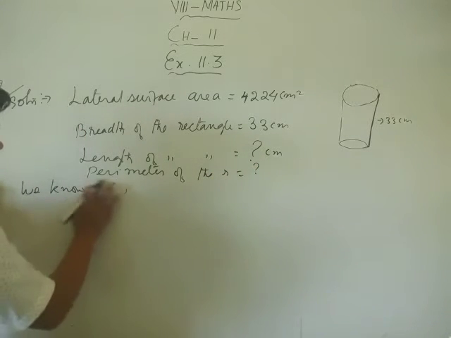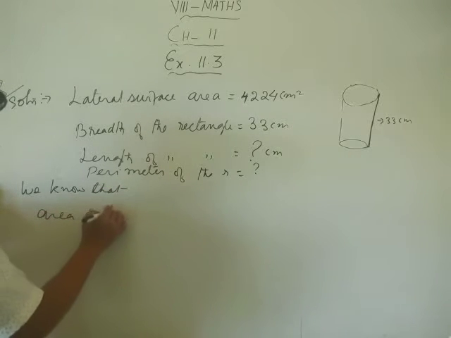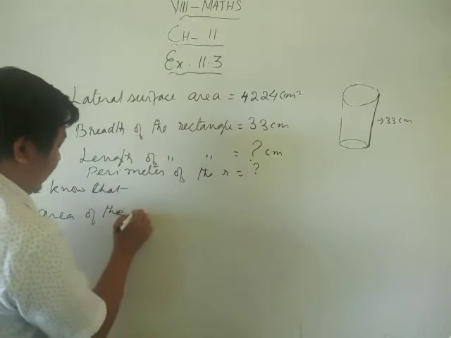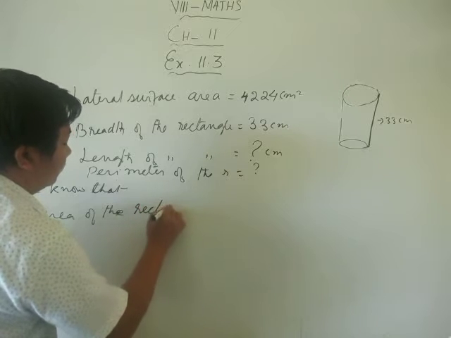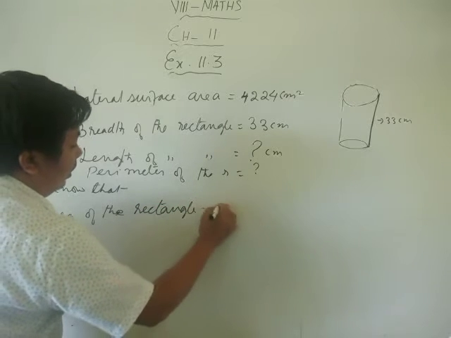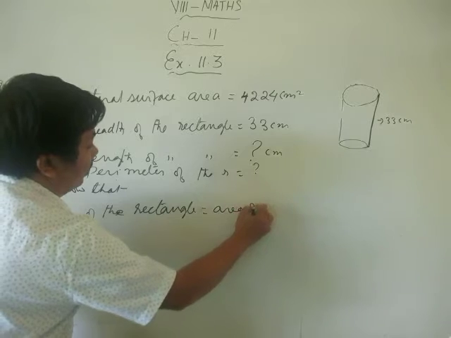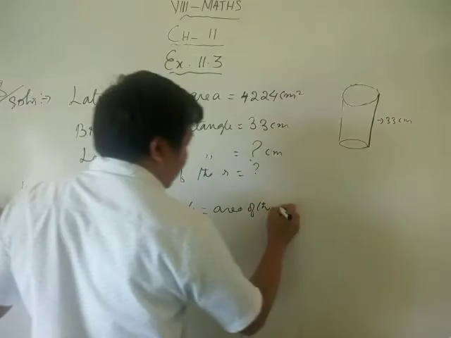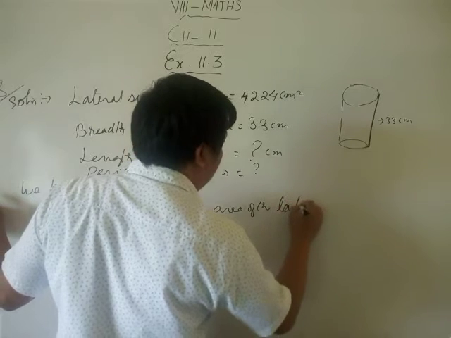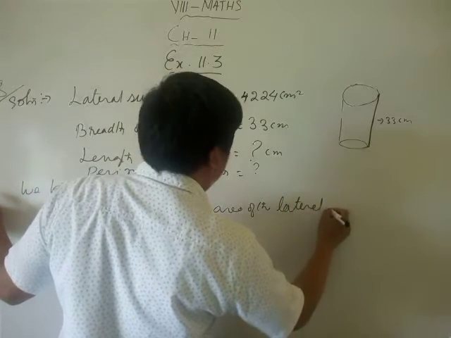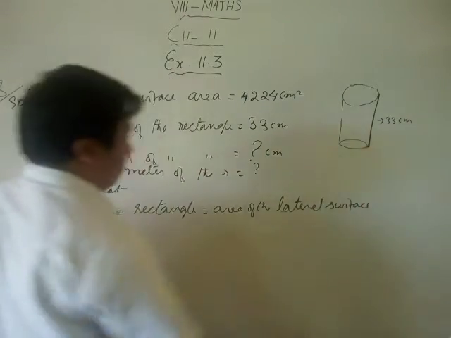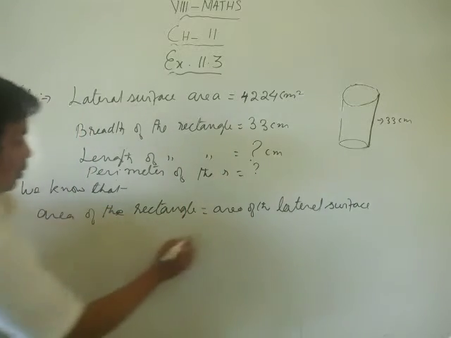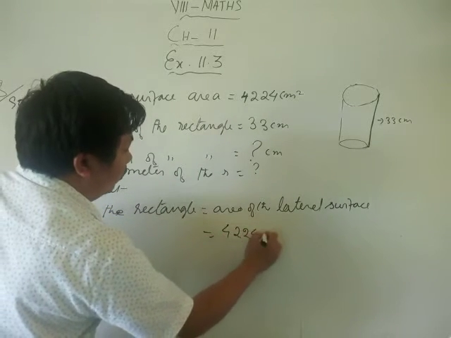So what do we know? We know that the area of the rectangle is equal to the lateral surface area of the cylinder. The lateral surface area is given here as 4224 centimeters square.